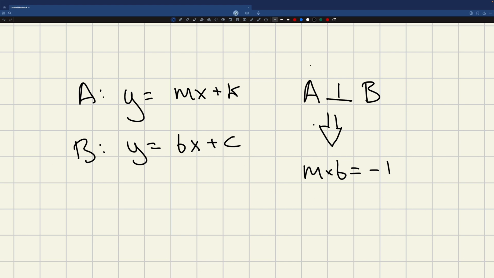And now, on the contrary, if they are parallel, so if graph A is parallel to graph B, we for sure know that m is equal to b. Okay.